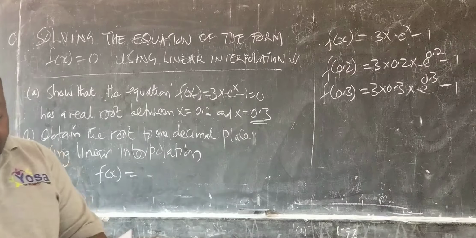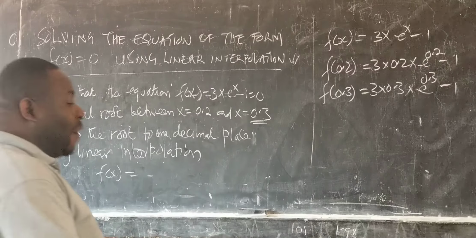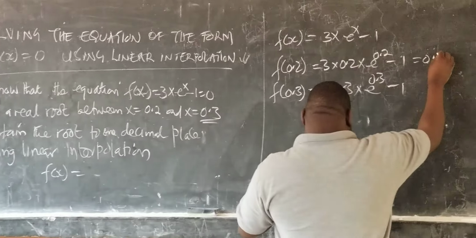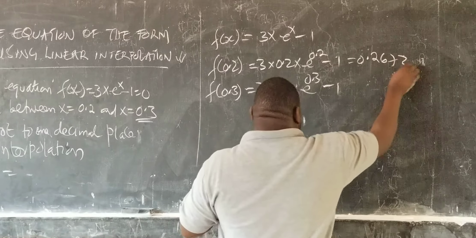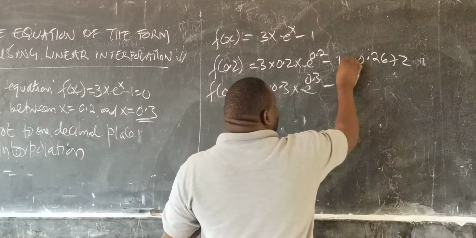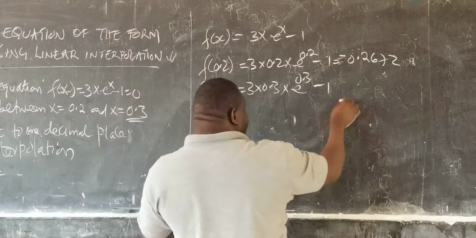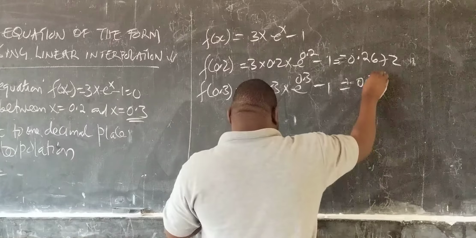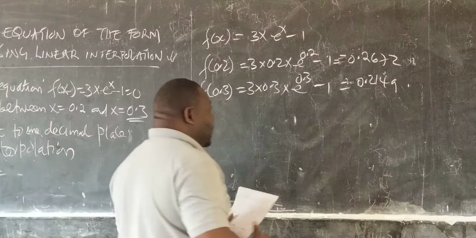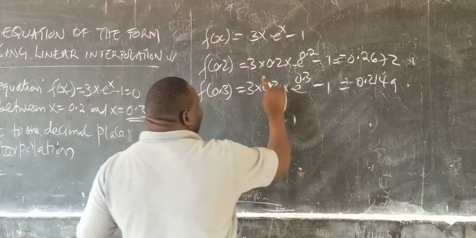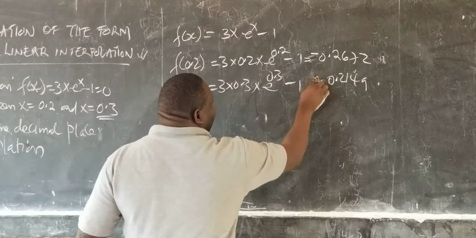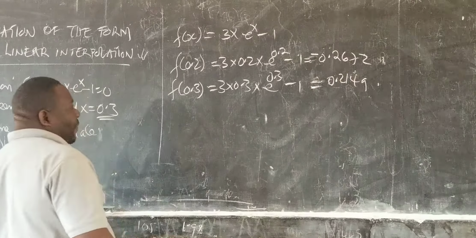So if we use the calculator, you will find that the value here is negative 0.2672, and this one here is 0.2149. Since when you substitute in 0.2 we get a negative value, and when you substitute in 0.3 you get a positive value.